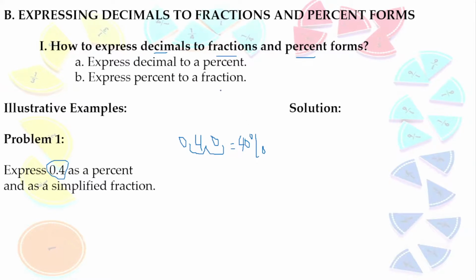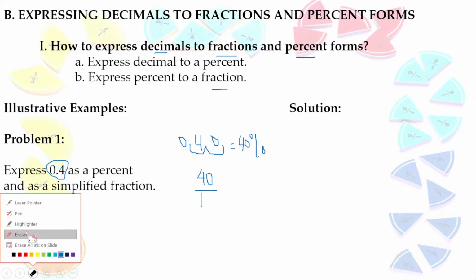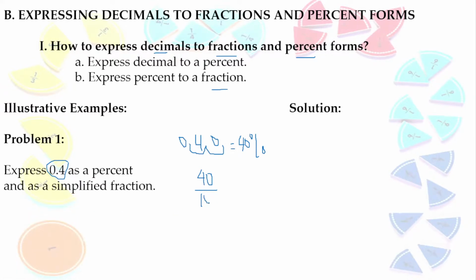Okay? And then, after that, we will make the percent into a fraction. It's always per 100 for percent. So, don't include the percent symbol and then put it over 100. Sorry. So 40 over 100 it is. And then, we still need to put it in lowest term or lowest form.